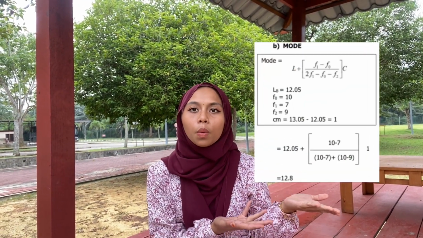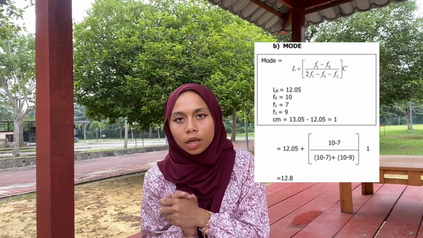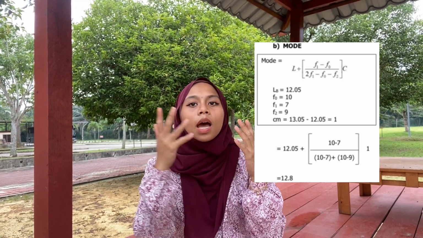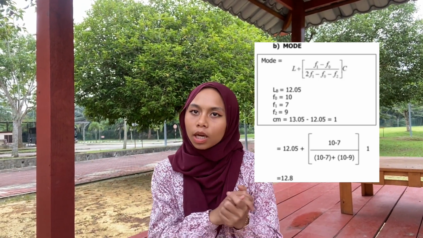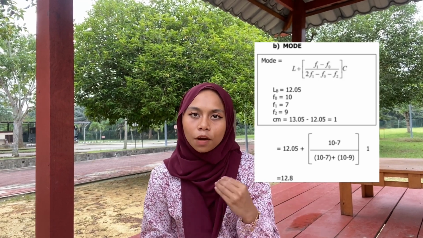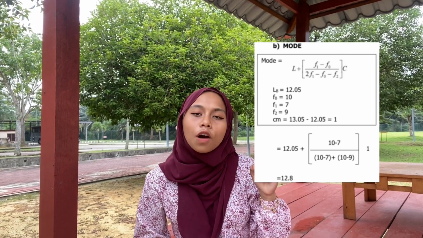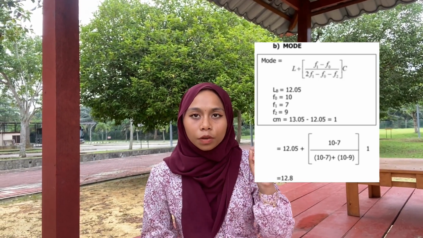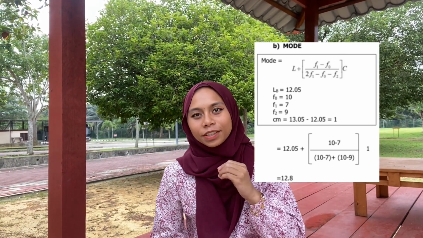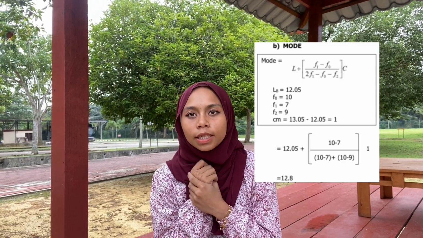Okay. Second, for the mode, we use the frequency distribution. This is the formula and the calculation, then put the data from table 3.2, the yellow one, in the formula. So, the majority of students get 12.8 marks for test 1.